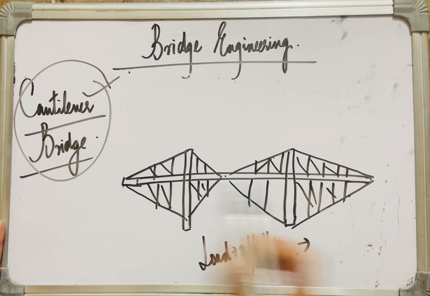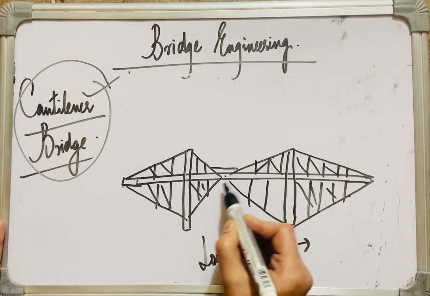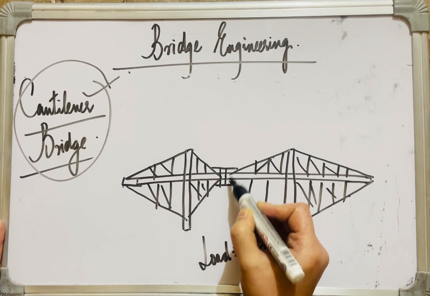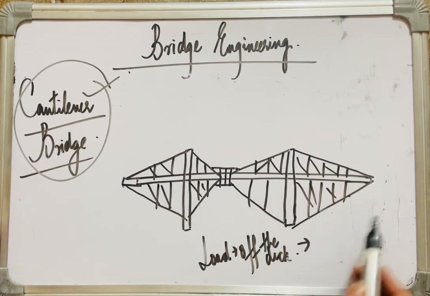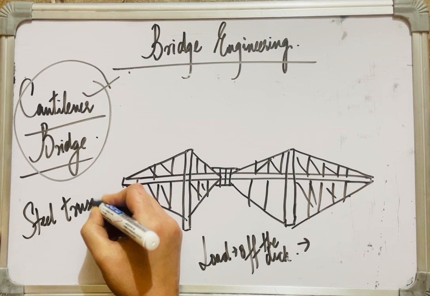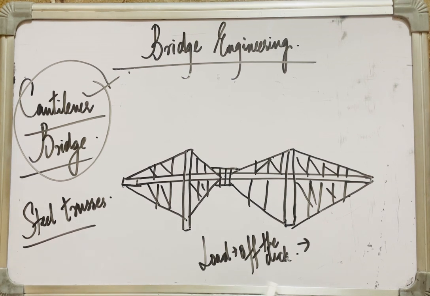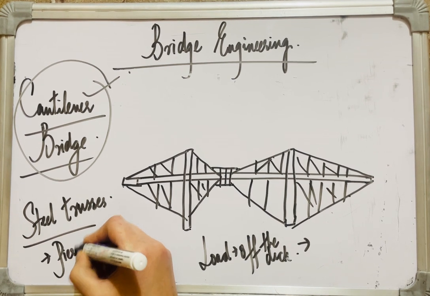This is the cantilever span, this is the cantilever span, and this is the free span, which is a simply supported span that rests on the 2 outer spans. So the role of these steel trusses in a cantilever bridge is that they take the load off the deck and transfer it to the supporting piers or abutments.